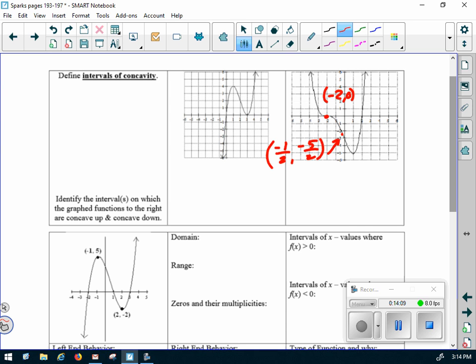So there are 2 points of inflection. Did you get it done? Good. All right, right there. Is that graph concave up or concave down? Concave up. So here's what we're going to say.